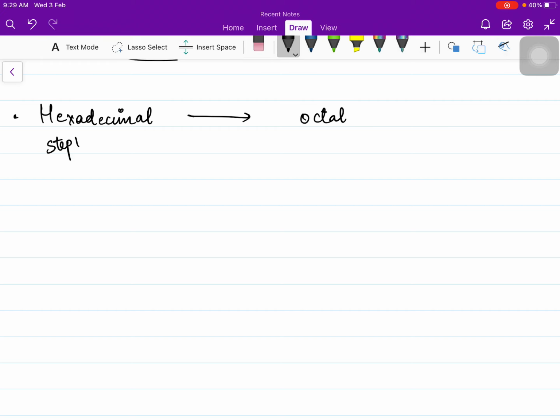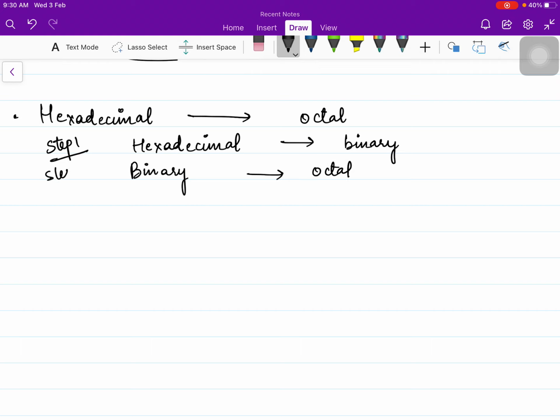Step 1 will be, first of all, you have to convert the hexadecimal number system to binary. That we can easily do. And then the binary number system will be converted into octal. So this is step 2. So finally hexadecimal will be converted to octal. This conversion will not be carried out directly. It will be carried out in 2 steps.